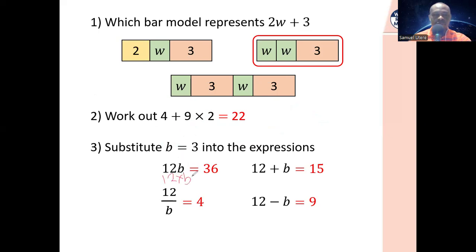So this is 12 times 3. Here is simply adding b to 12. b is 3, so you get 15. Here you're dividing 12 by b, which is 3, and then your answer is 4. Here you're subtracting b from 12, which is 12 minus 3, which will give you 9.